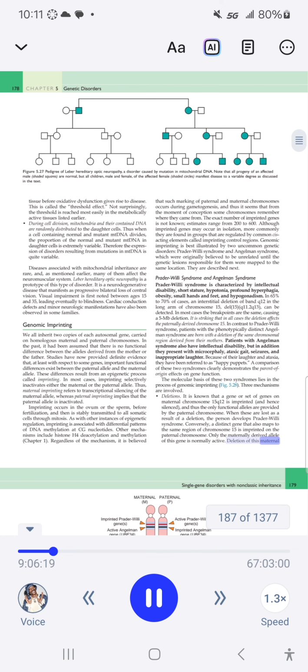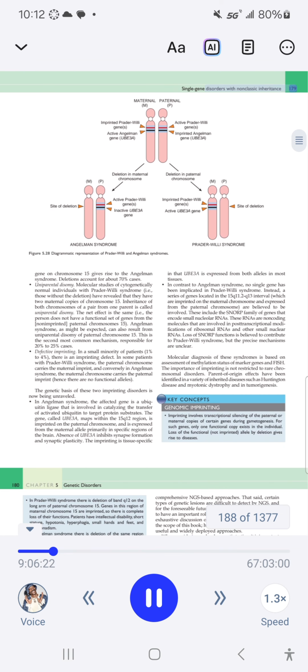Deletion of this maternal allele causes Angelman syndrome.